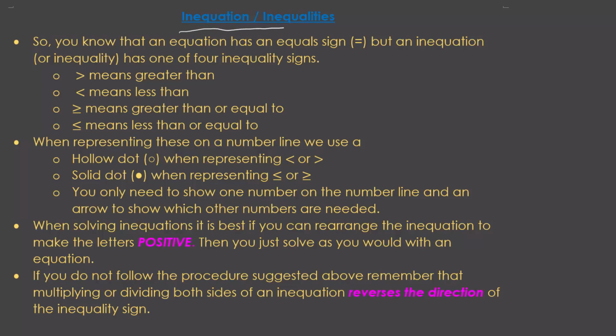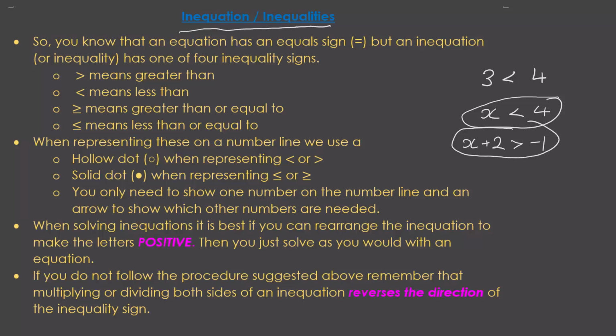In equations, inequalities. Just before I start this, usually an inequality refers to a statement like 3 is less than 4, and an inequation is something like x is less than 4, or x plus 2 is greater than -1, where we have an algebraic quantity involved.